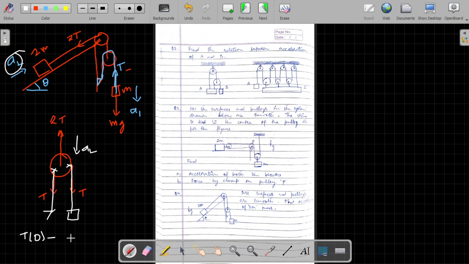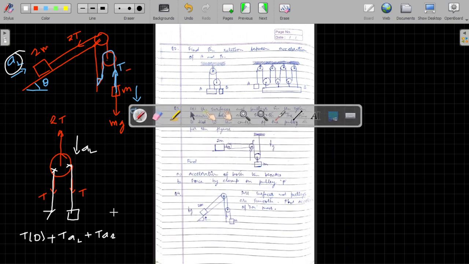So we would say that tension 2T, the tension T should be multiplied with the point of contact, which is the acceleration of the pulley. So that should be a2, and we will be having a positive sign since the pulley is moving downward, and one more tension into a2.